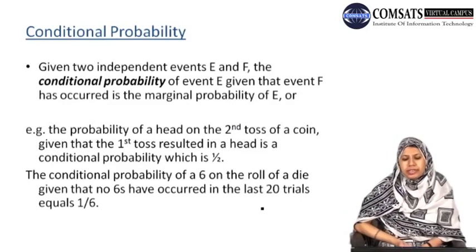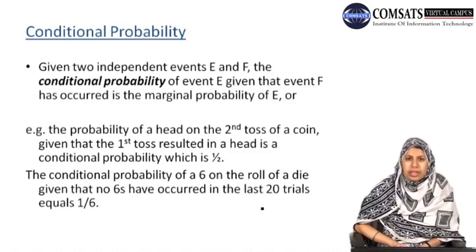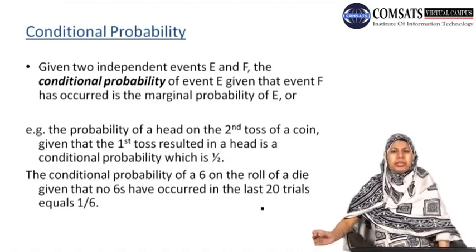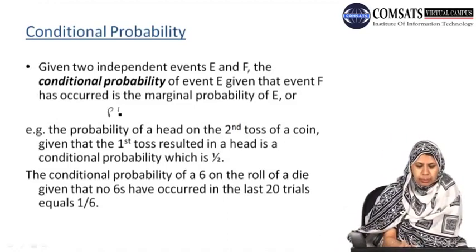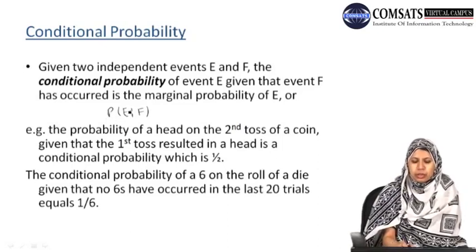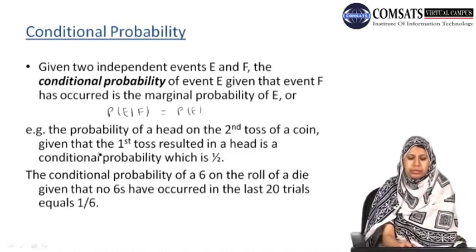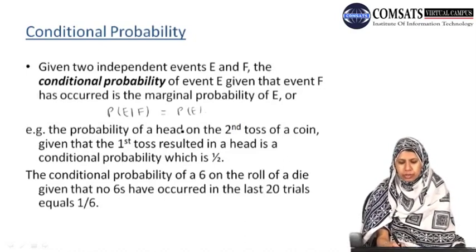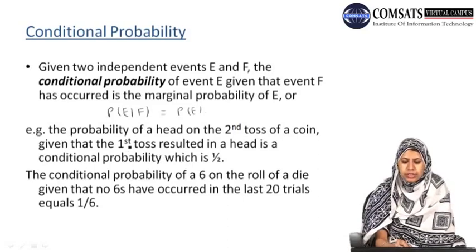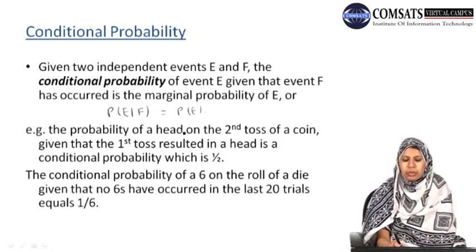We are given two independent events E and F. Then the conditional probability of the event E, given that the event F has occurred, written as the probability of E, vertical line, F, is nothing but the marginal probability of the event E. For example, the probability of a head on the second toss of a coin, given that the first toss resulted in a head, is a conditional probability, and it is nothing but the marginal probability of a head on the second toss, which is 1 by 2.